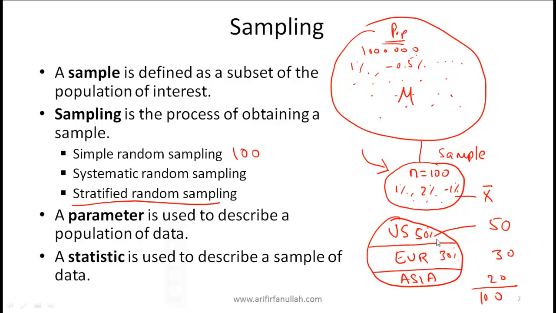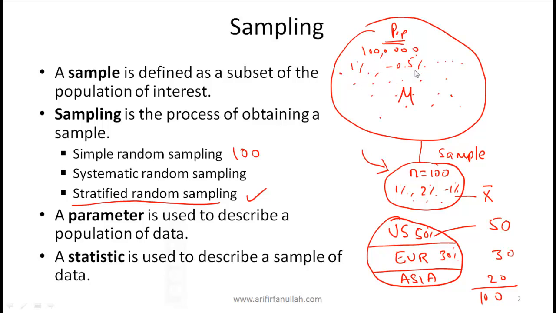So by doing stratified random sampling, you create these three strata and pick the appropriate number of stocks or data points from each strata. Systematic random sampling is simply saying that if you have 1 million shares and you want to pick 100, then you organize these million shares in some sequence, and you simply pick every 10,000th share.